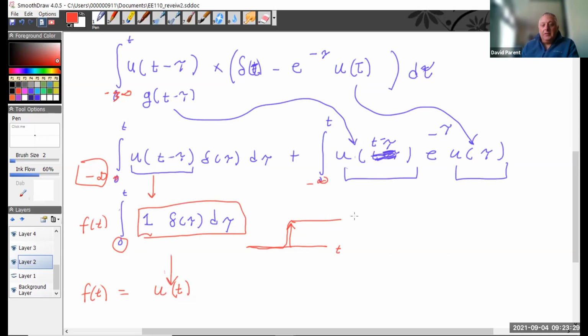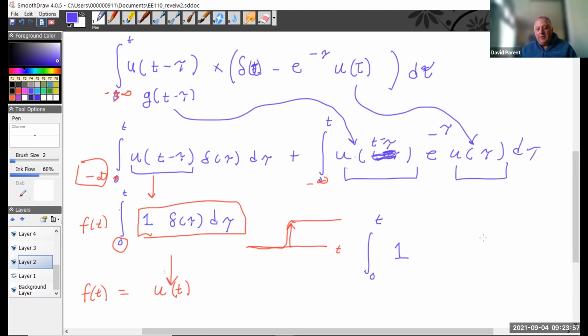Now over here, zero to t. Now I'm going to say 0. And again, even though it's t minus tau, for step functions you just replace it with 1. And this is u(tau). Oh, I forgot the u(tau).